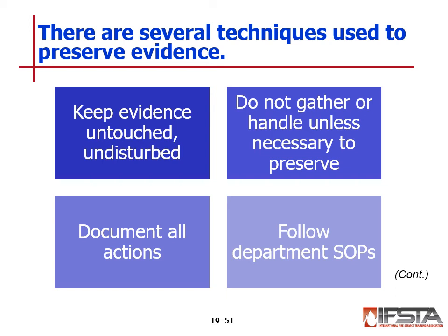Like if you're removing something from a burning building that's in danger of being consumed by the fire, you want to make sure that if you do anything to anything that you think is evidence, you document it. The fire investigator needs to go back to determine where that piece of evidence was obtained. And of course, always follow department SOPs.